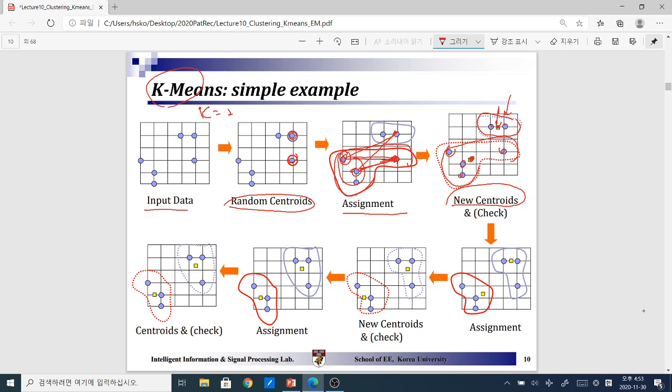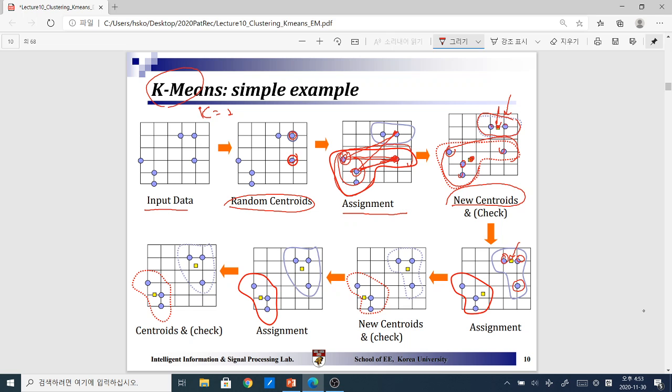And with that, once again, we compute the distances to each of these samples. So with this new centroid being here, the samples that are closest happen to be this one and also this one here.